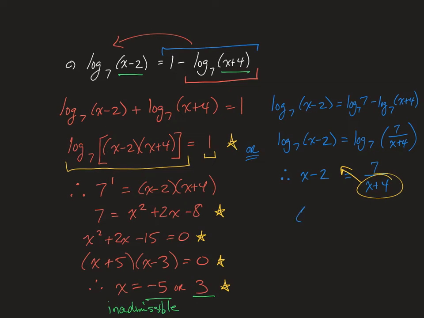And therefore, I come in on my x minus 2 times x plus 4 equals 7. And that looks an awful lot like that. And you would be good to finish. So, 2 different ways to be able to solve C. Both of them probably equally efficient. Either one is a good strategy.